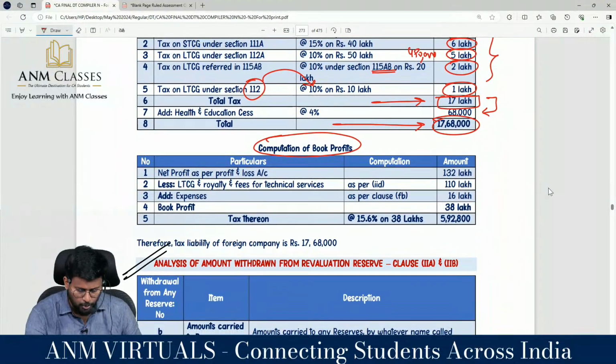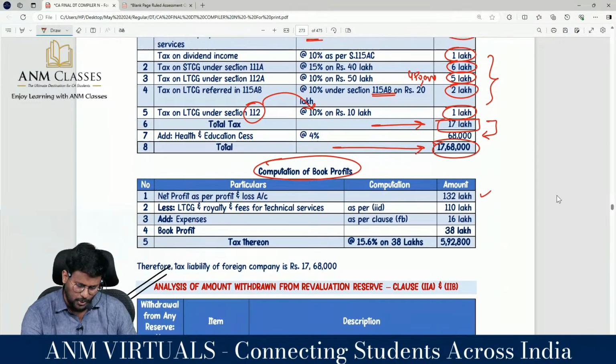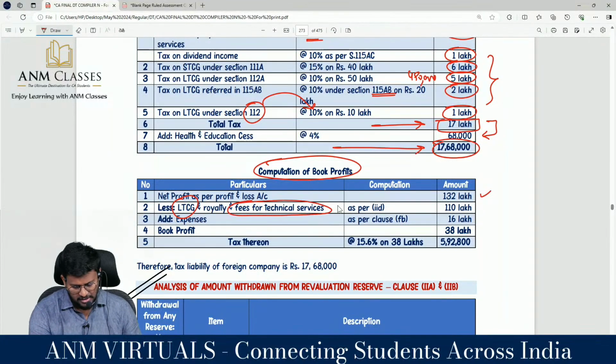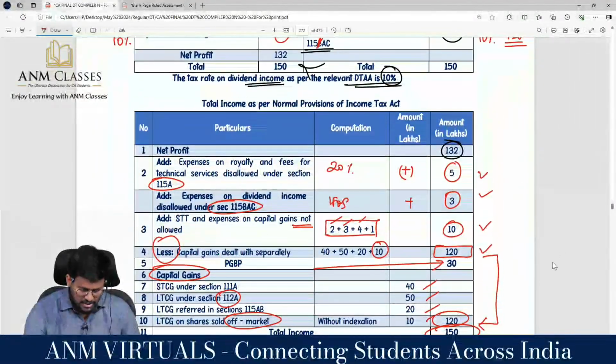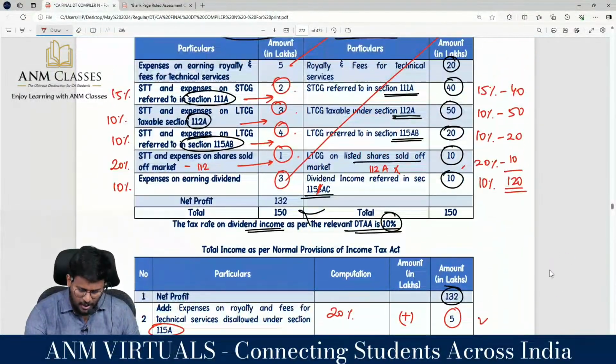Now I am calculating the book profit. What is the net profit as per P&L? 132 lakhs. 132 lakhs has been given. Less royalty and fees for technical services, LTCG. Sir, what is the LTCG given? LTCG is going to be taxed at a concessional rate.